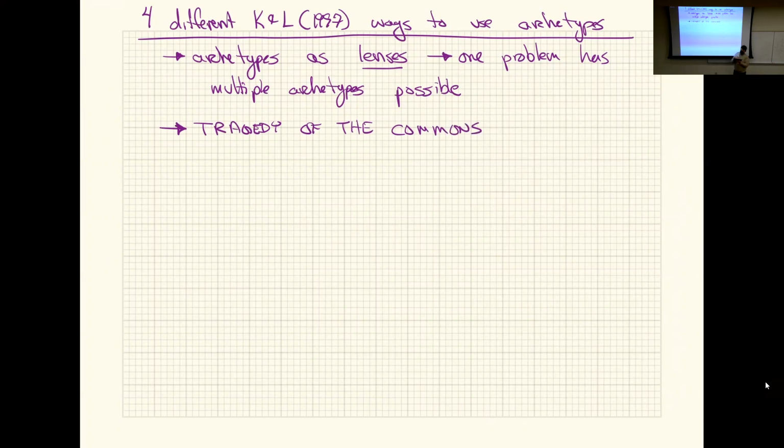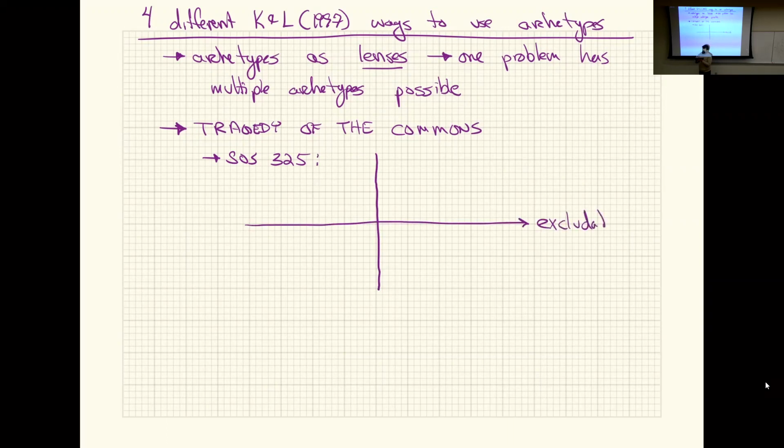So when we teach about the tragedy of the commons in, say, SOS 325, which is economics of sustainability, we define goods or resources on this axis of excludability and rivalry.